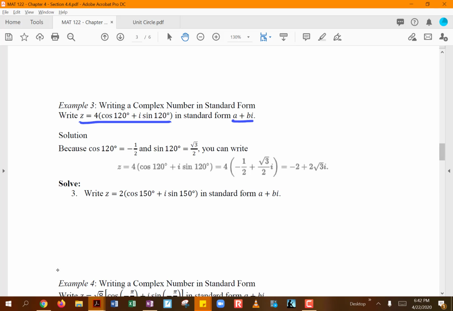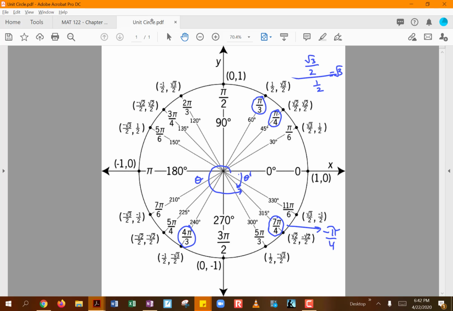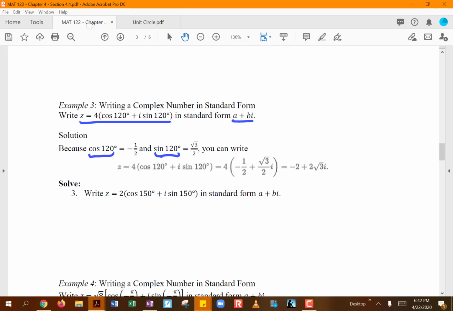So first go ahead and calculate what the cosine and sine values will be. So cosine of 120 degrees and sine of 120 degrees, you can actually use the unit circle here. So again, that gives you the negative 1/2 for cosine, square root of 3 over 2 for sine. So this is where we are getting these answers from.